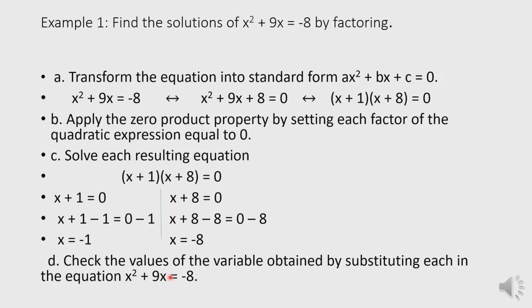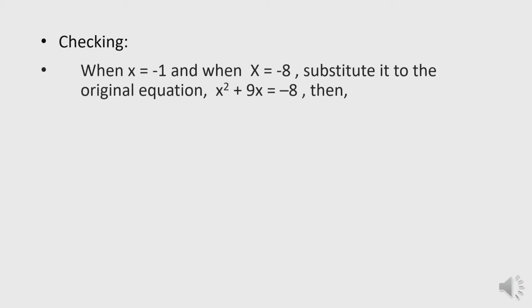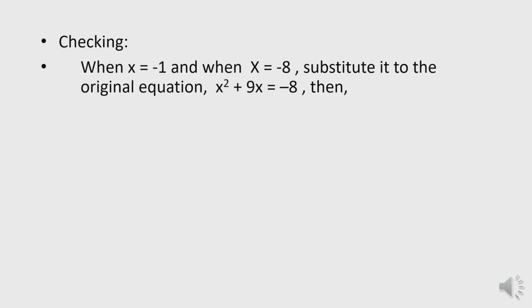Okay? Let us check. Now to check our values of x, here we have x equal to negative 1 and negative 8. All you need to do is to substitute it to the original equation.